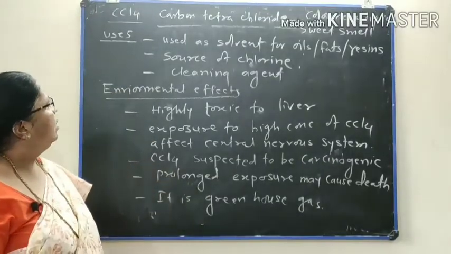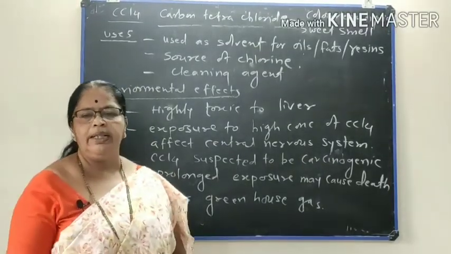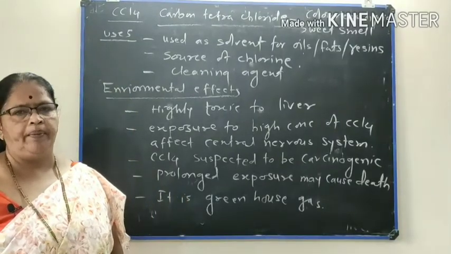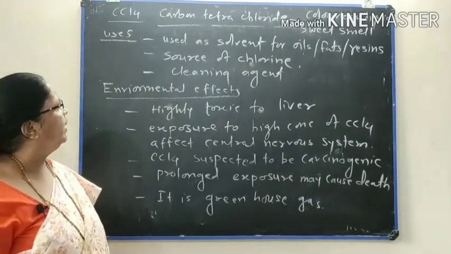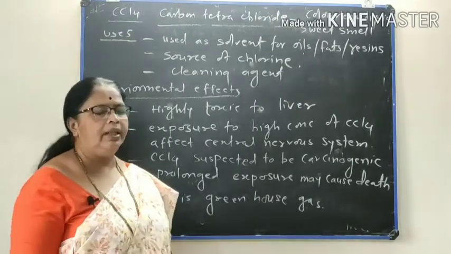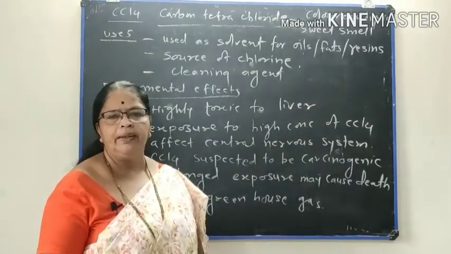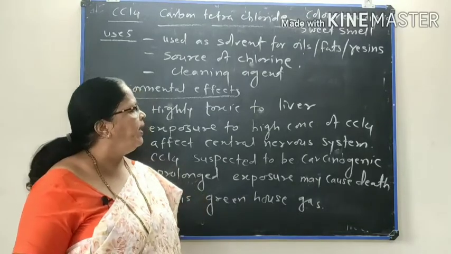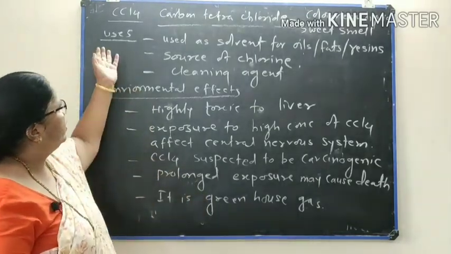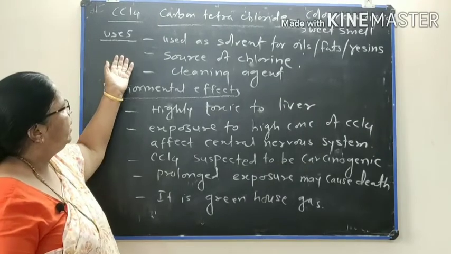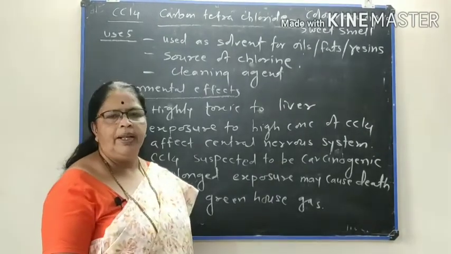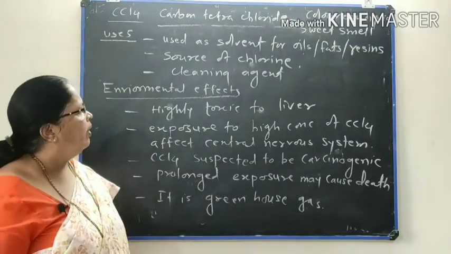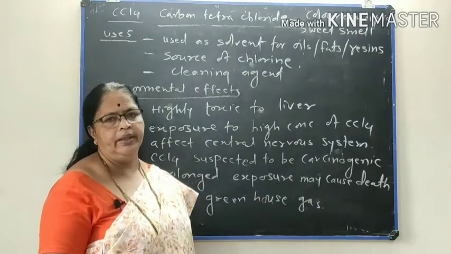Next one, carbon tetrachloride, CCl4. It is also called tetrachloromethane. It is a colorless liquid having a particular sweet smell. Uses. First use, carbon tetrachloride is mainly used as a solvent for extraction of oils, fats and resins.